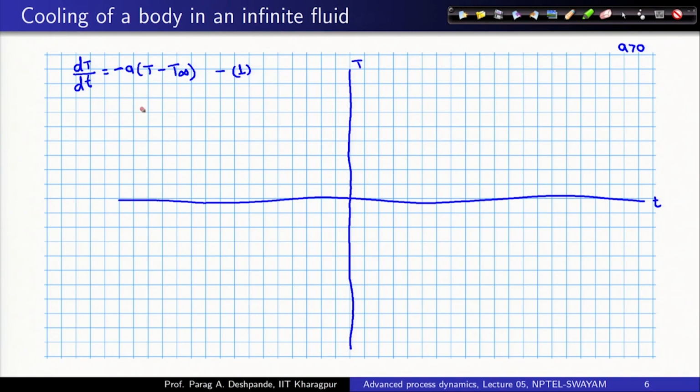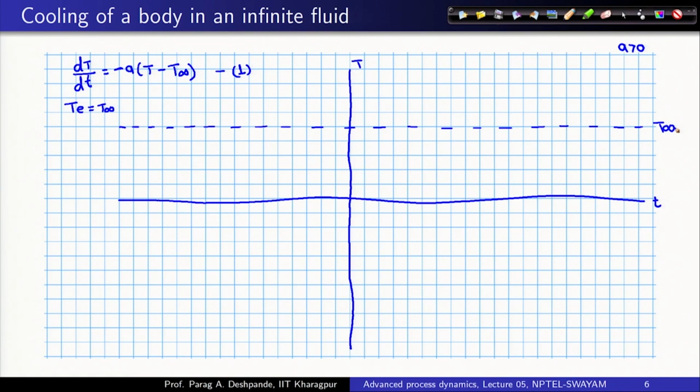The first thing you do is identify the equilibrium solution on this phase portrait, and we know that T equilibrium is T infinity. So, let us assume that this is the value for T infinity, some value of temperature.